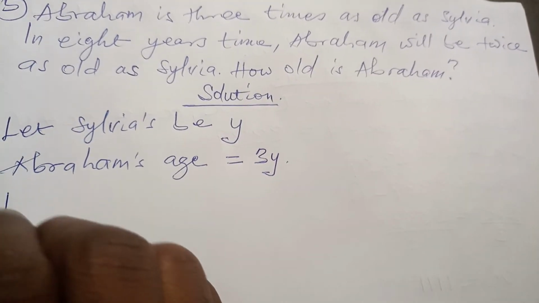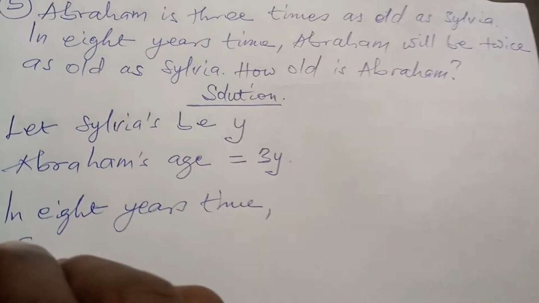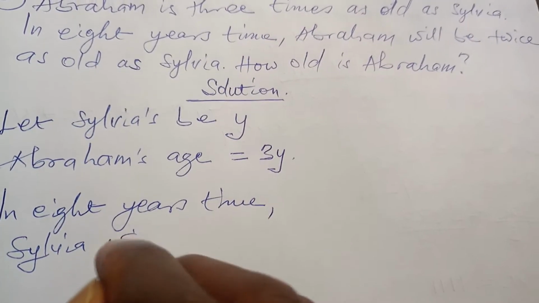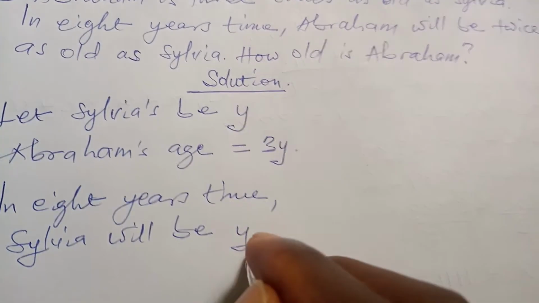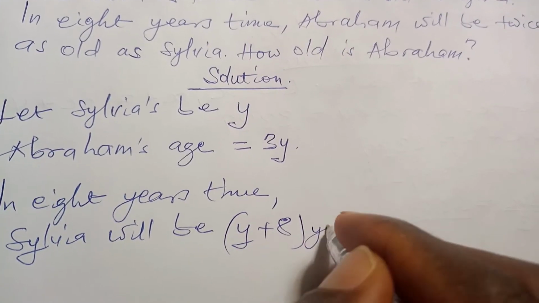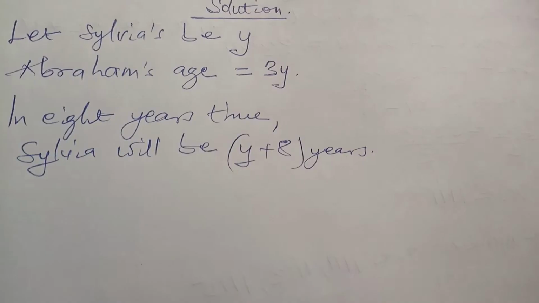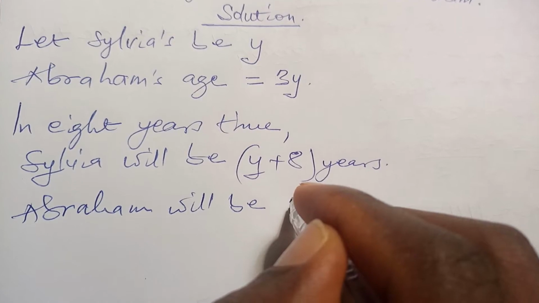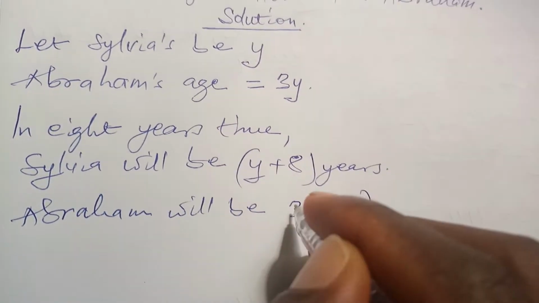So in 8 years' time, Sylvia will be y plus 8 years. So 8 years will be added to her age now. And Abraham will be 3y plus 8 years.